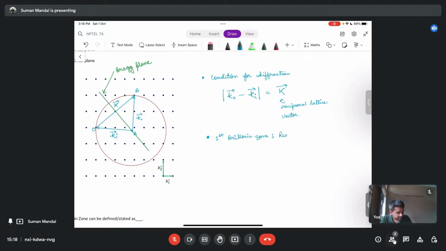This is the region bounded by the nearest collection of Bragg planes around a reciprocal lattice point.